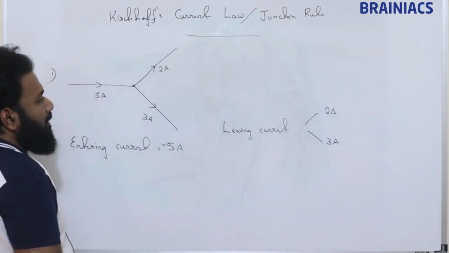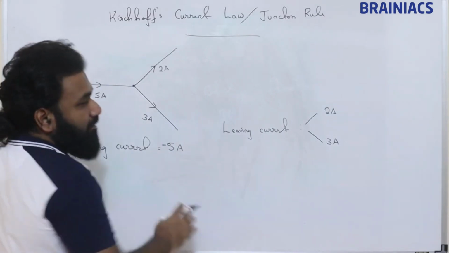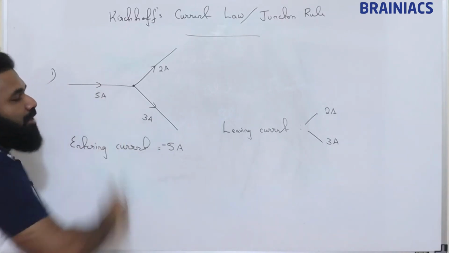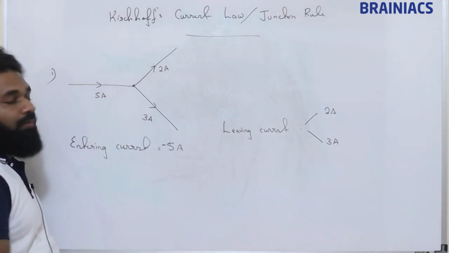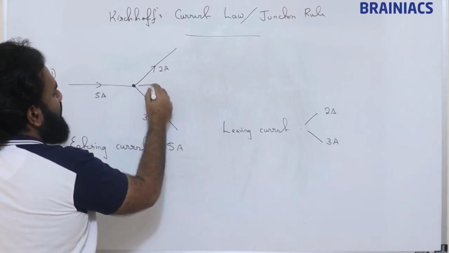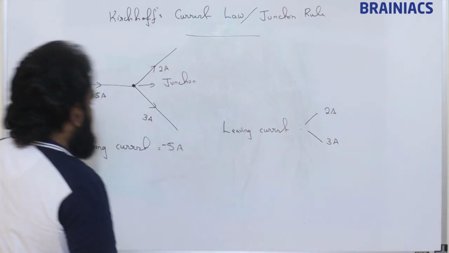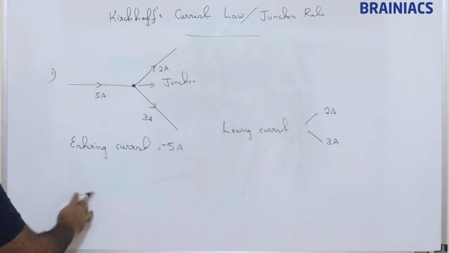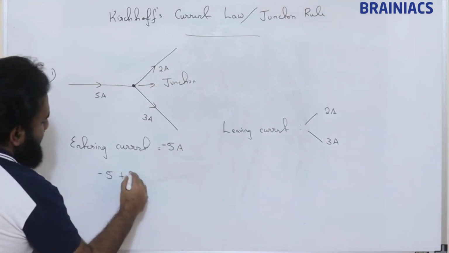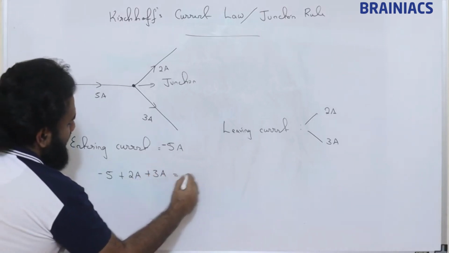So Kirchhoff's current law says the algebraic sum of all the currents entering into a junction and leaving a junction will be 0. Suppose this is a junction, what Kirchhoff's current law says is minus 5 plus 2 ampere plus 3 ampere is equal to 0.